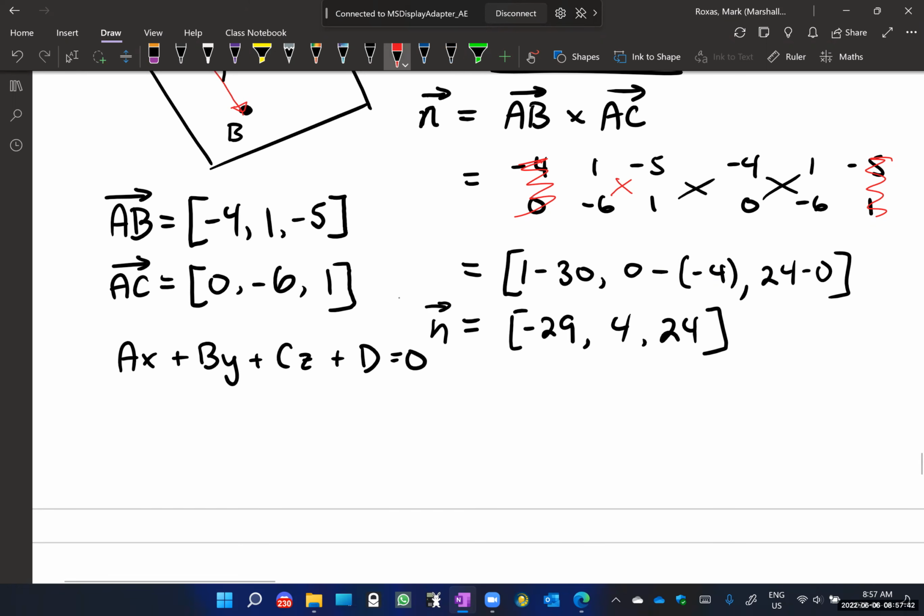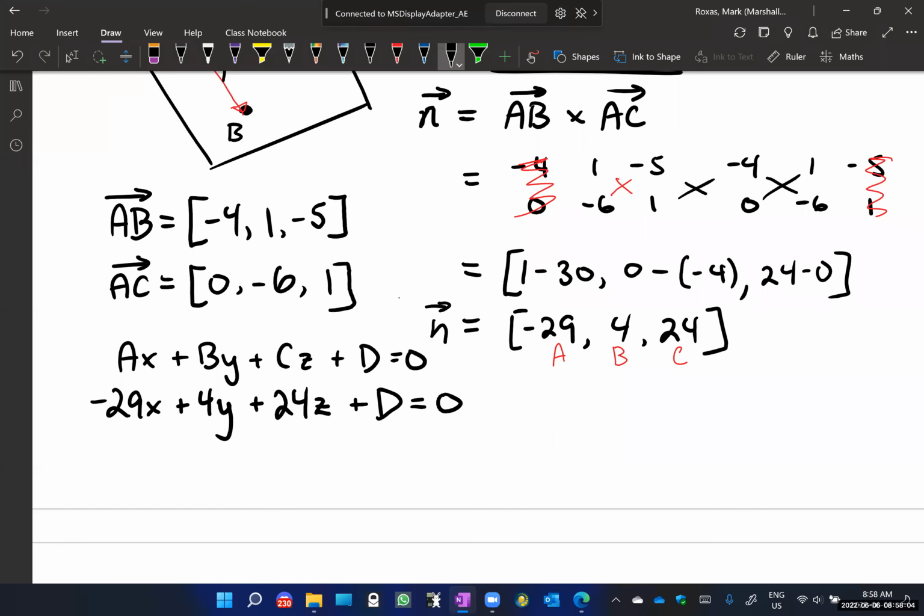So from the normal vector, -29 is the a, +4 is the b, and 24 is the c. So -29x plus 4y plus 24z. We don't know what d is yet, so I leave it as plus d equal to 0.